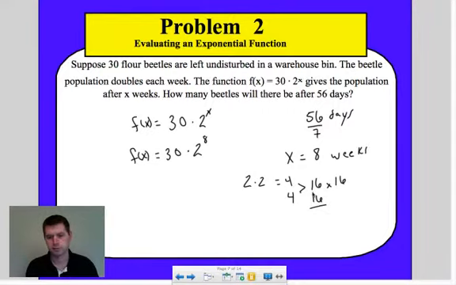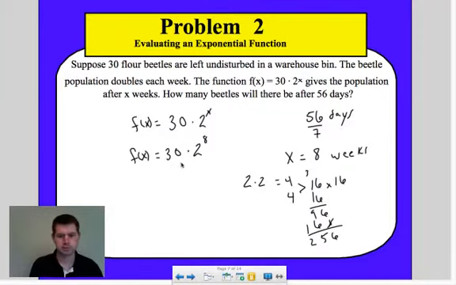So you get 256, times 30. All I did was take 2 times 2 times 2, 8 times, but I just broke it down into things I know: 4 and 4, 16, 16.